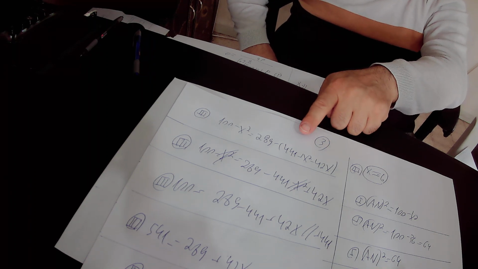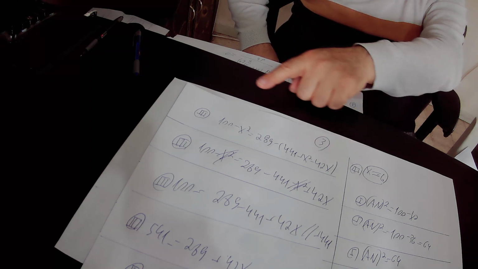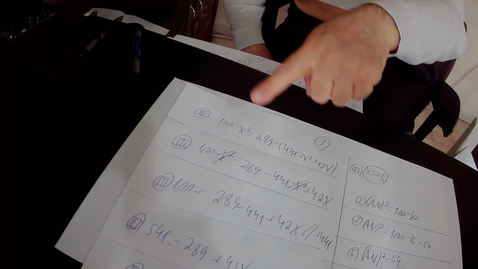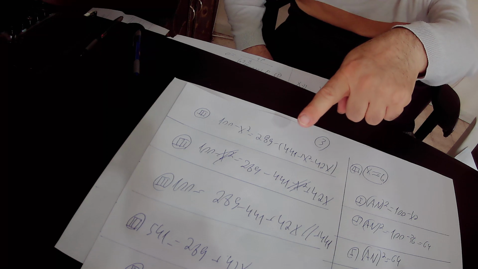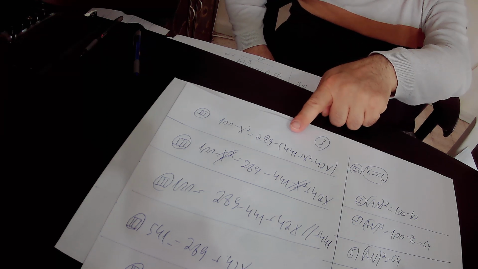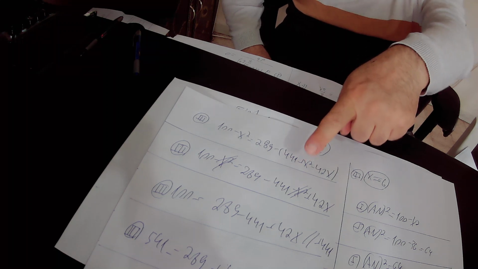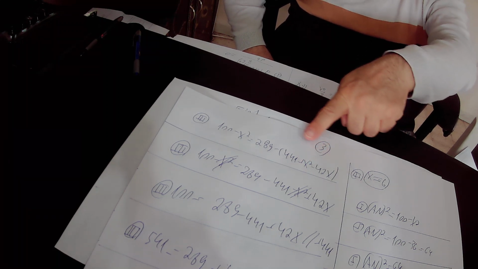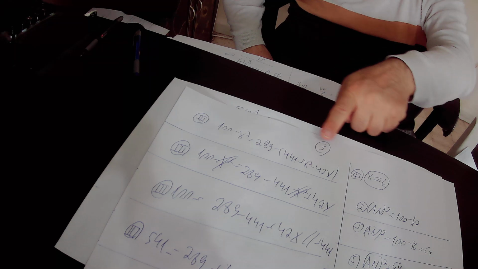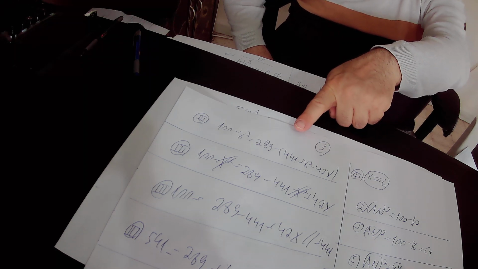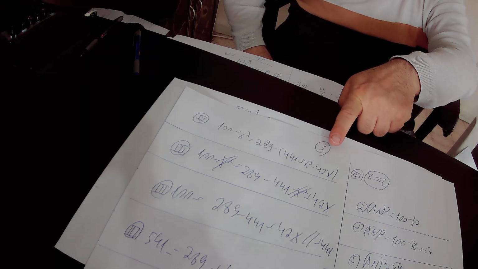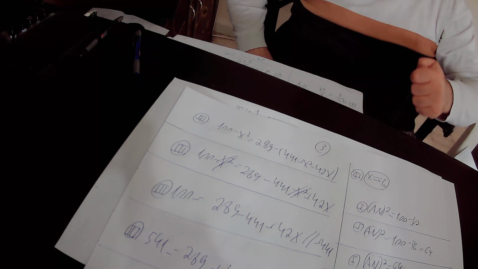Then we open the brackets of this expression: 100 minus x square equals 289 minus 441 minus x square, and here minus times minus is plus, so minus 42x becomes plus 42x.